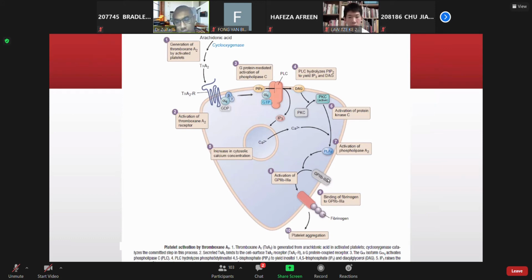This protein, GP2B and 3A, is important for the platelets to aggregate with each other. If there is a problem or any abnormality in this protein, the platelets cannot aggregate, so maybe it can cause thrombocytopenia.